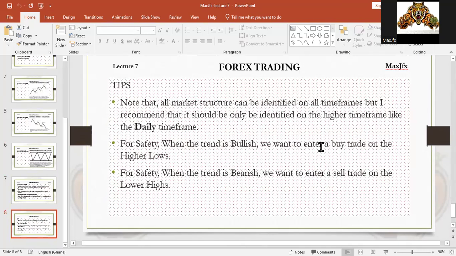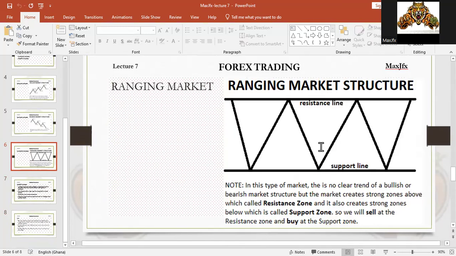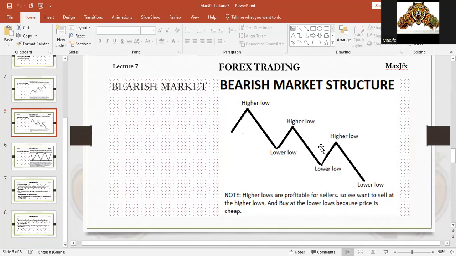And now a tip for lesson 8, lesson 9, and lesson 10. Lessons 8 and 9, I'm going to make very, very practical. In lesson 8, you are going to focus on drawing zones, how to draw zones properly, like I do. And you are also going to learn how to find the lower highs. I told you that you have to wait for the lower highs. How will you wait?